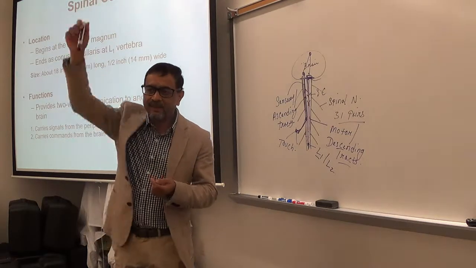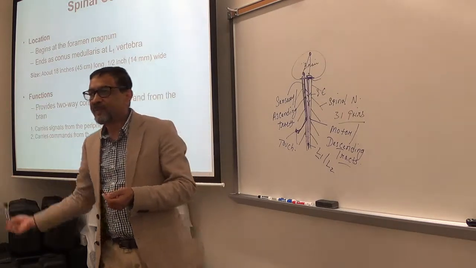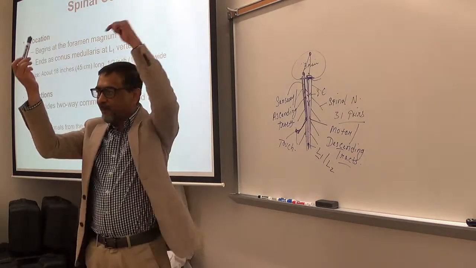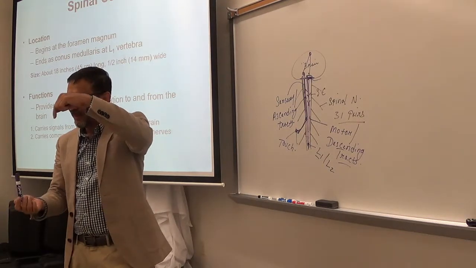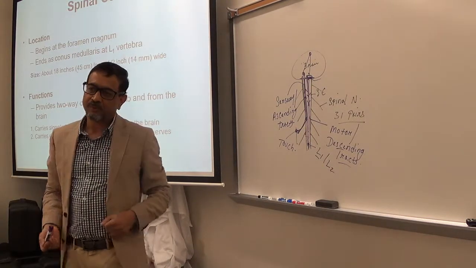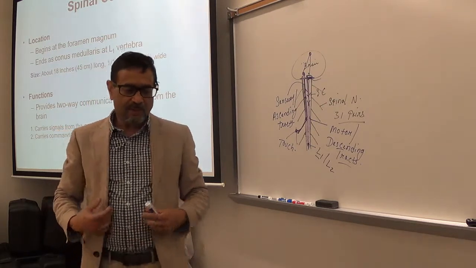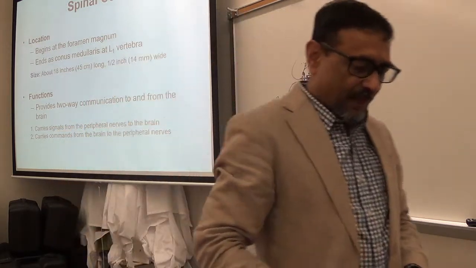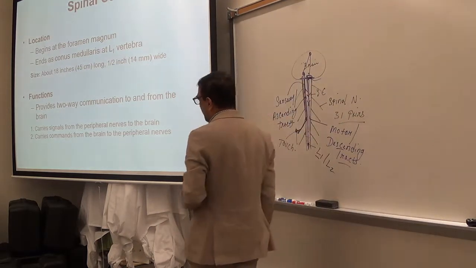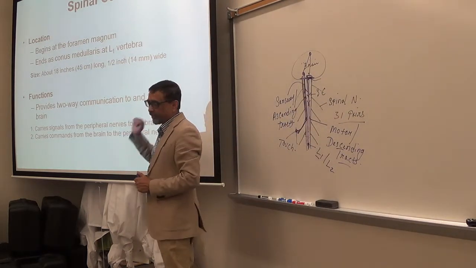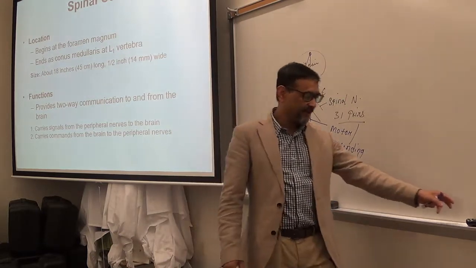Ascending and descending. That means sensory and motor, right? So two-way communication occurs in the spinal cord. Ascending or sensory and descending or motor. Two-way communication that I have already explained.